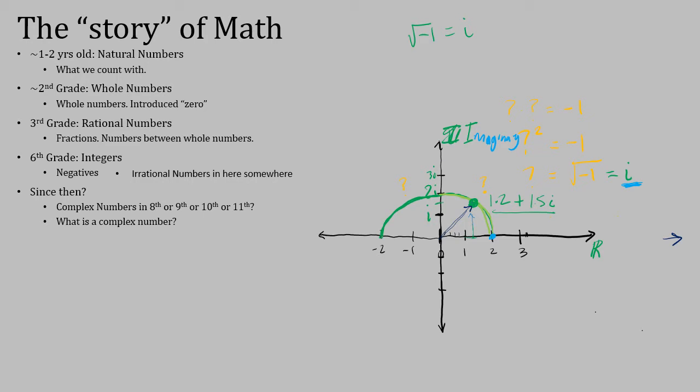It wasn't until about 100 years later when René Descartes, who was the most handsome man in the history of mathematics, came up with the name imaginary. And he was hesitant to do so because calling something imaginary would imply that it doesn't exist, when it very much does. It's just that you need to use your imagination to understand visually and conceptually what an imaginary number was. And this follows because René Descartes is the father of the Cartesian coordinate plane.